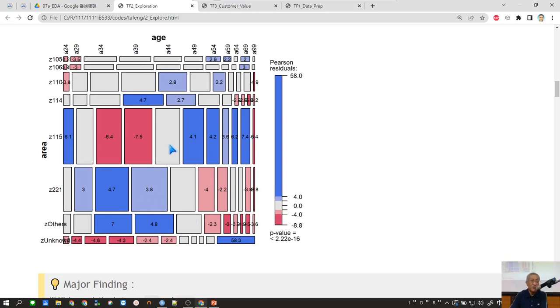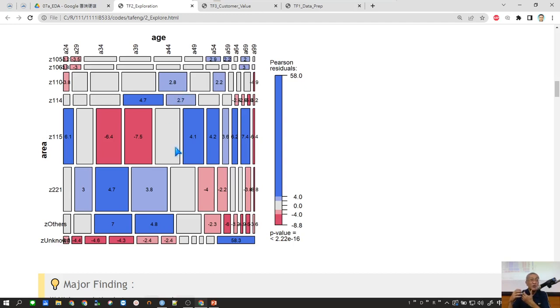This visualization uses the size of the rectangle to represent the number of customers in each area and age combination. So the size of the box is the count. Now how about the color?